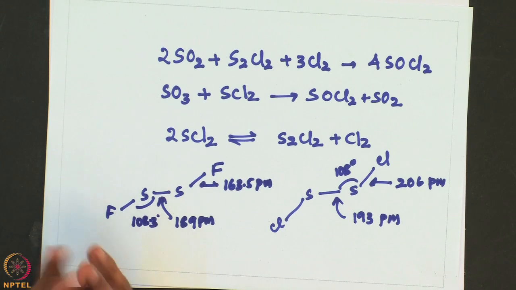Decomposition of both chlorides by water yields a complex mixture containing S, SO2, H2S5O6 and HCl. And S2Cl2 is also used for the formation of SN rings.